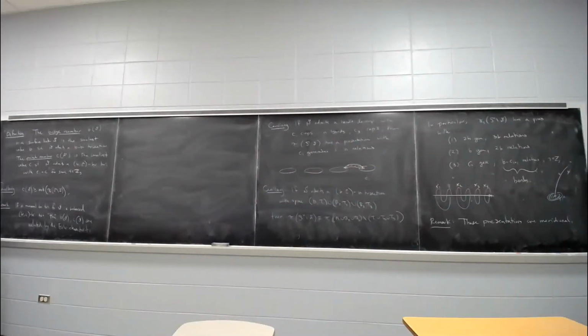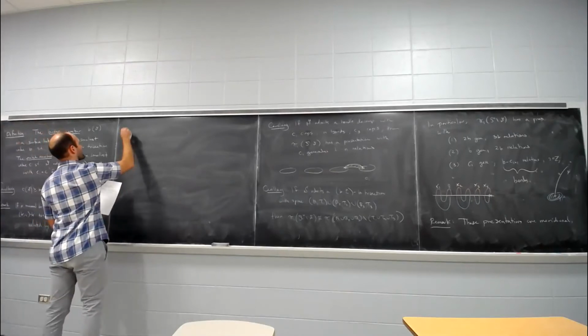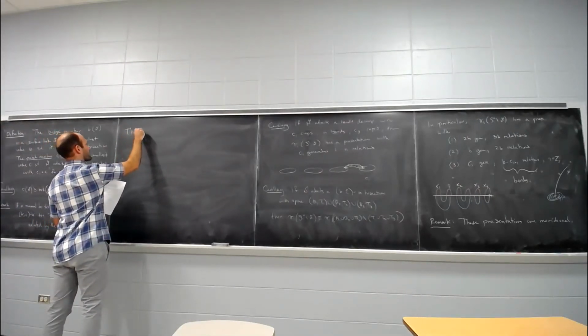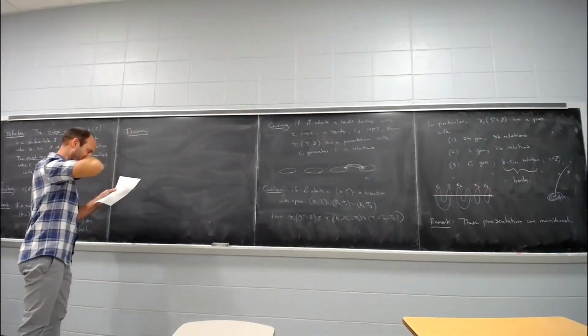So I think the last thing I want to say here, and then next time we'll talk about the unknotting conjecture. Okay, the last thing I want to say here is the following.